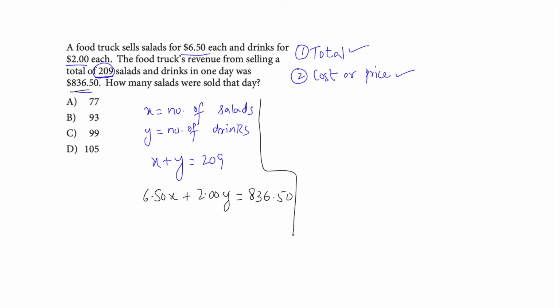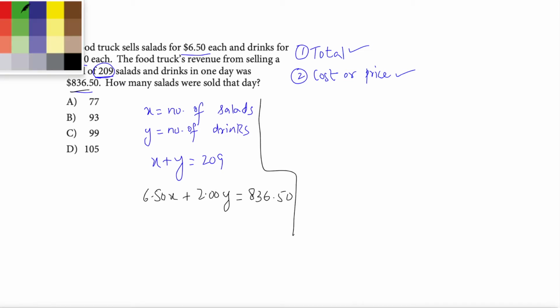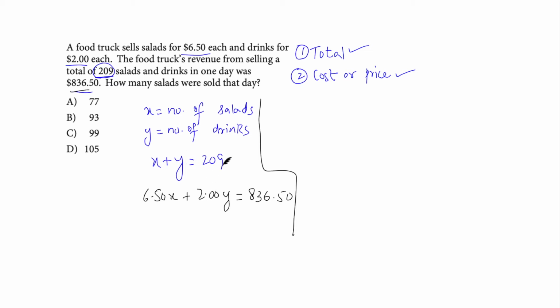You can solve them by elimination or through substitution. In this scenario, elimination looks a little easier, so I will use that. If I multiply this equation by 2, I will get 2y, and I already have 2y here, so I will be able to eliminate it. Let's have a look. I have 6.50x plus 2y equals 836.50.